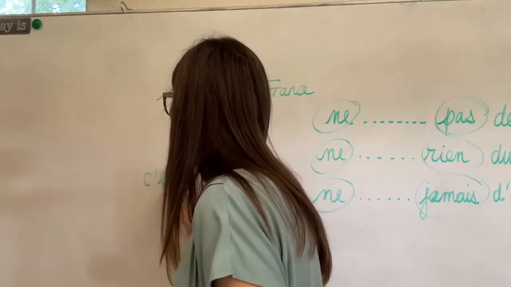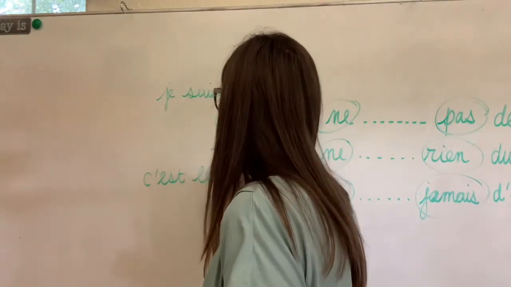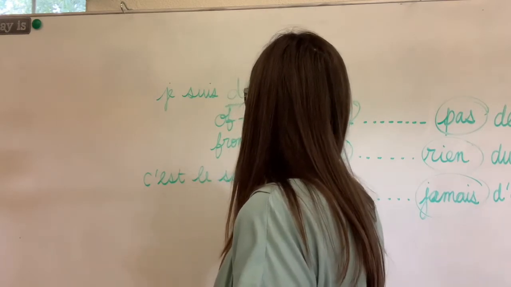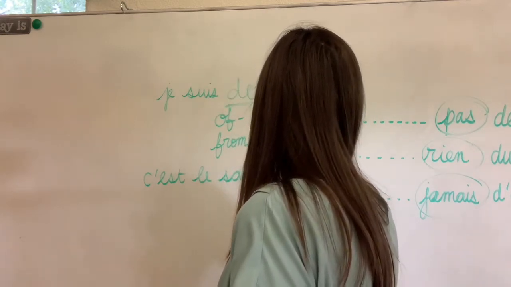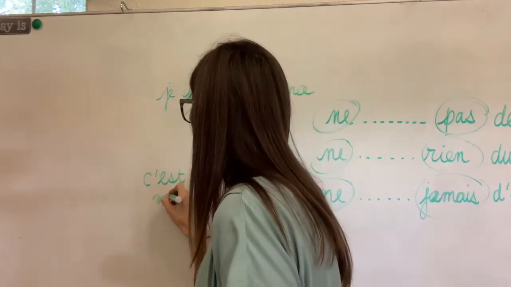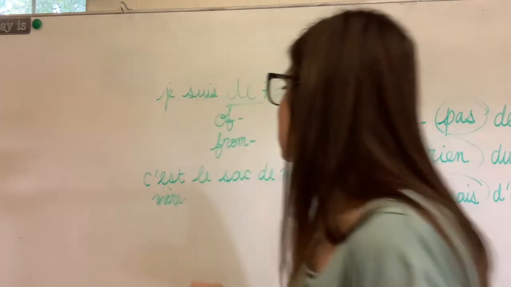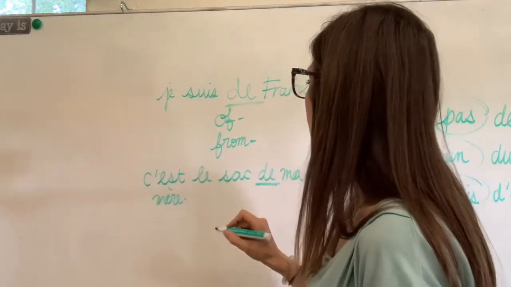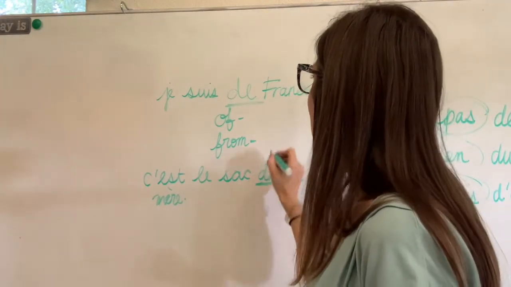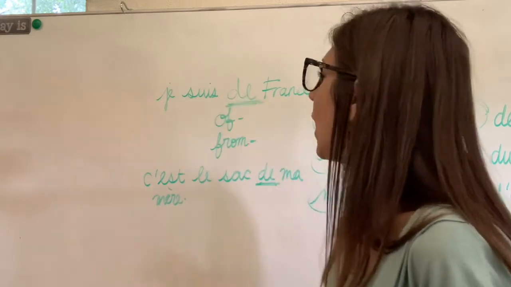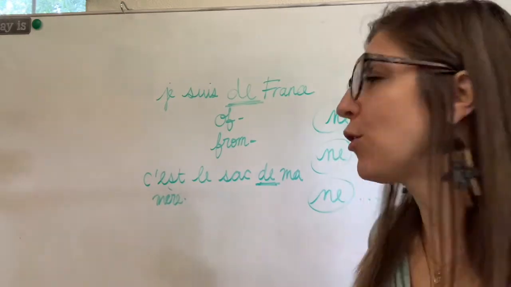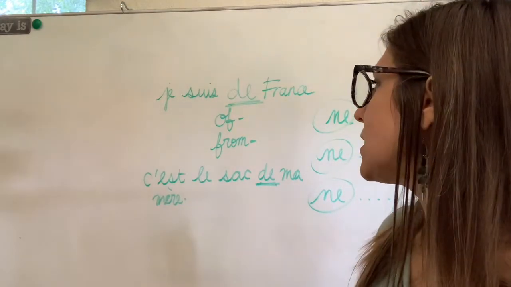It is the purse of my mother. So notice, de here means from, and here it means of. I am from France. It is the purse of my mother. So, je suis de France, c'est le sac de ma mère.